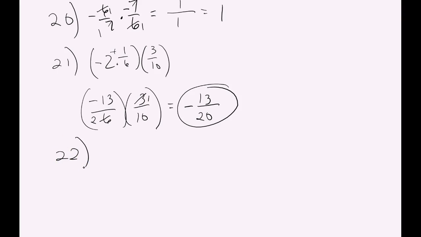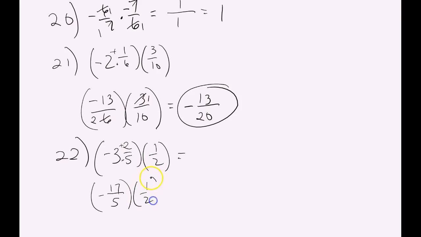And the last one, 22. I know you're sad it's the last one. Negative 3 and 2/5 times 1/2. Okay, whew, this will be fun. Same thing. I don't like the way this is written, so I'm going to turn that improper. So 3 times 5 is 15, 17/5, and then a 1/2.